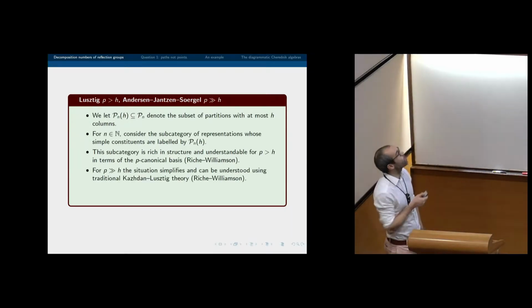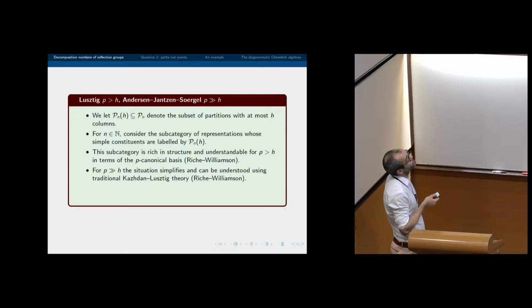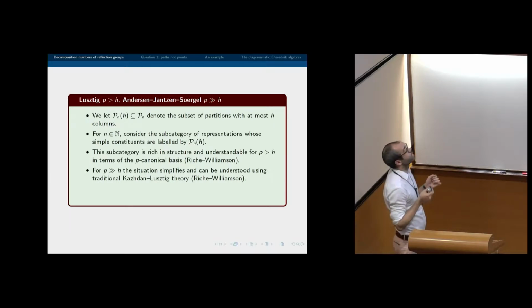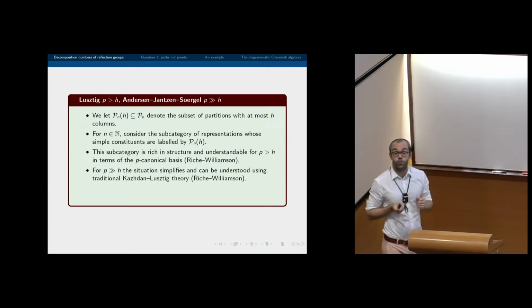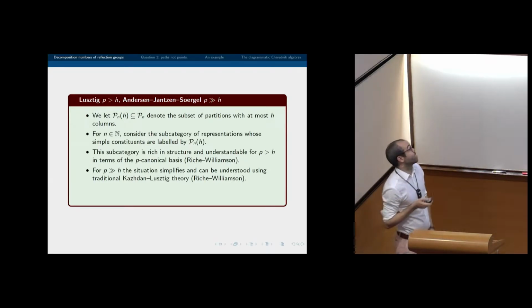So for me, what I'm actually interested in, because I can prove results about it, is what if p is much bigger than h. Then the representation theory of this subcategory is much simpler. It simplifies, and rather than having to understand p-canonical bases, you can go back to almost the easy case now of Kazhdan-Lusztig theory.